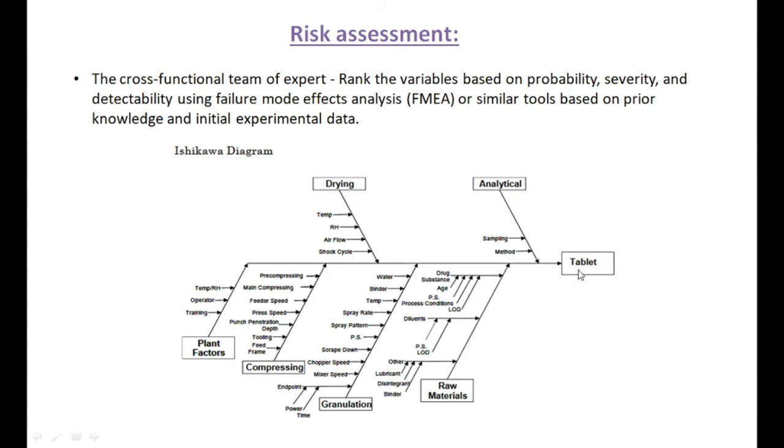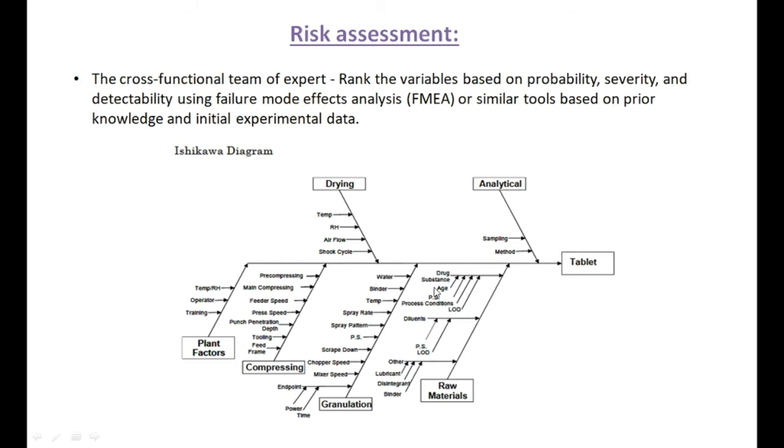So here in this example, for the tablet product, you can see the various variables associated with the raw materials and the process, and variables associated with the analytical process are also considered, right? And one more aspect, that is the plant factors, like the environmental condition of the room where the product is manufactured, and the operators and the training of the operators associated with the manufacturing of this particular product.